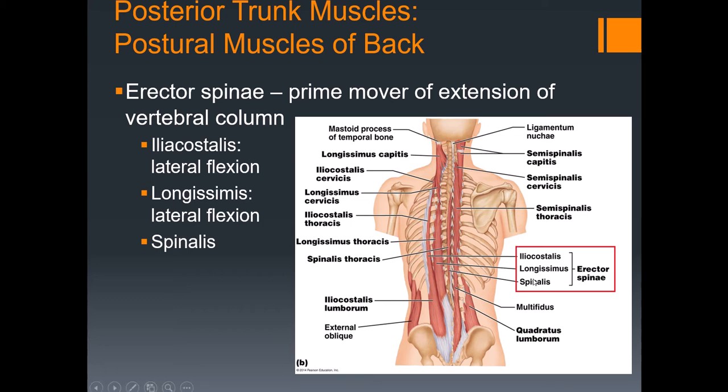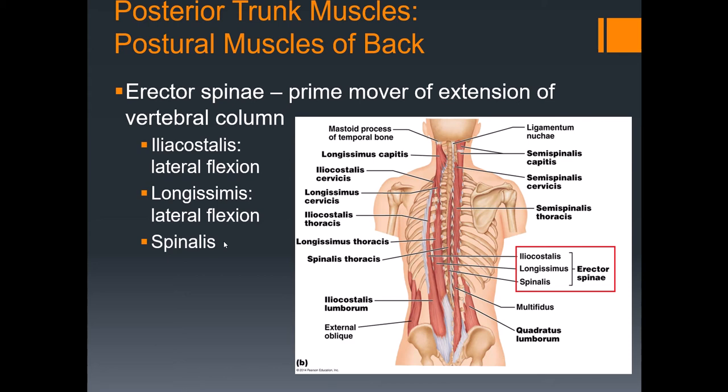It's actually three muscles as part of the erector spinae group: the iliocostalis, the spinalis, and then the longissimus. So the iliocostalis and the longissimus also help cause lateral flexion.